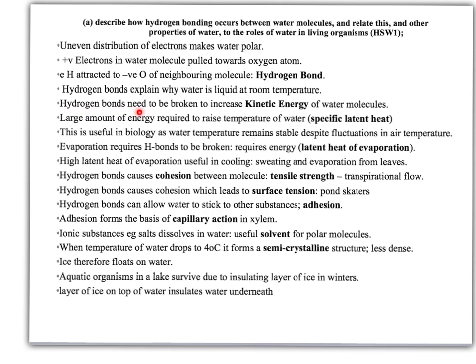One of the other facets of these hydrogen bonds is that when you heat water molecules up, you've got to overcome these hydrogen bonds for the molecules of water to increase their kinetic energy, i.e. to allow them to move around. This results in water having what's called a high specific latent heat, which basically means there's an awful lot of energy required to heat a body of water.